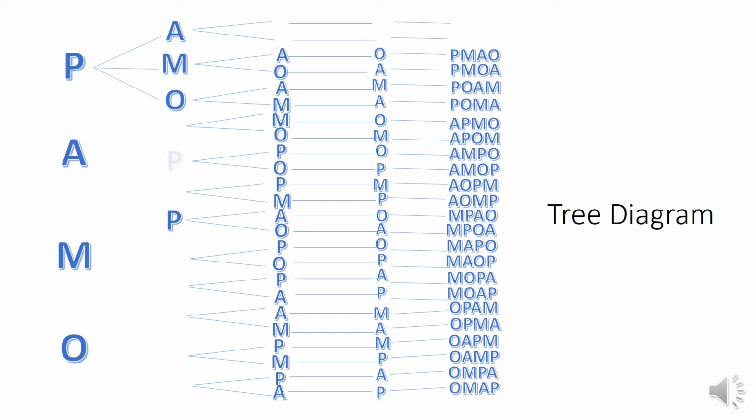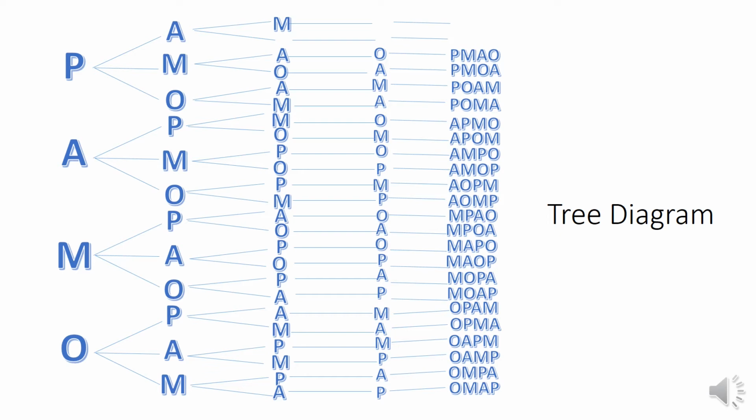So we're going to do it this way. We're going to connect the letters. First you have the first letter P, and then for the next letter we have A, M, and O. So we're going to connect that. And then for the next letter, you only have M and O for your choices.